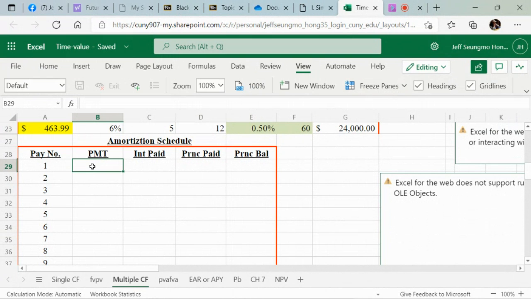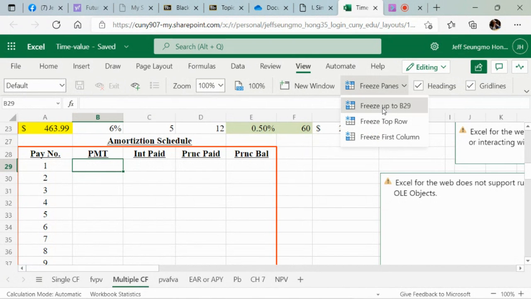So that means we are going to select B29, and go to View and click Freeze Panes.